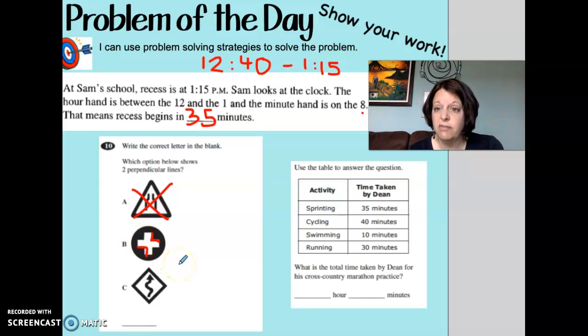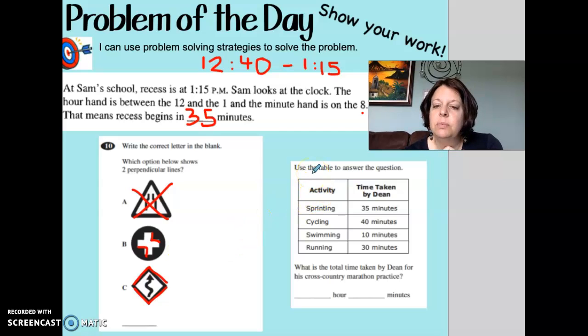I see a lot of perpendicular lines. However, now that I'm looking at C, I see 2 perpendicular lines there as well. So if your answer was B or C, as long as you really thought about your thinking, both of them could be correct.